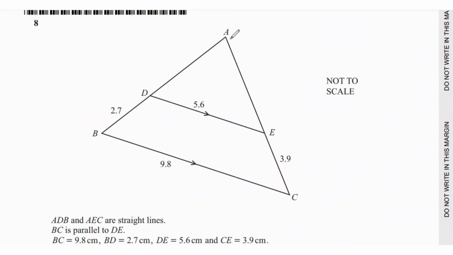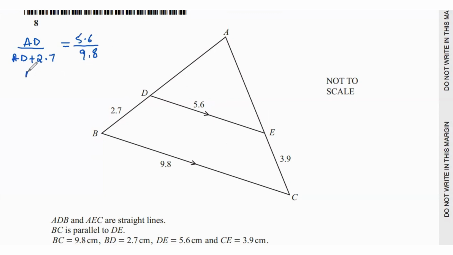They're asking to show what AD is and what AE is. So for AD, it is similar to AB, but AB includes AD and BD, which is 2.7. And we can put this fraction equal to DE over BC. So that's 5.6 divided by 9.8.